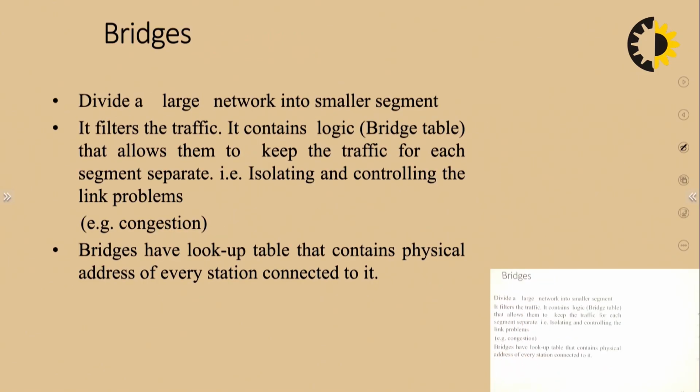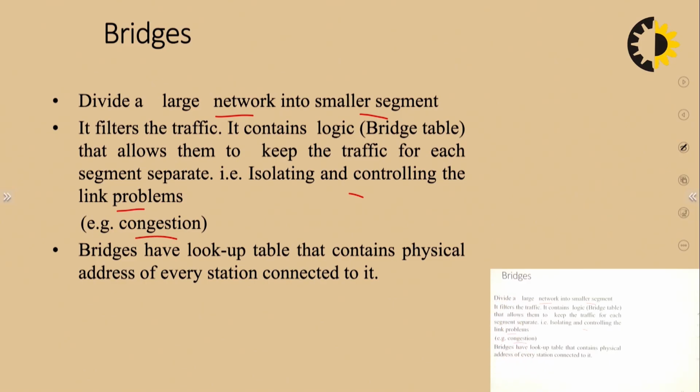Next one is the bridge. If we want to connect at the data link layer and physical layer on both sides, then instead of a repeater, the bridge should be used here. It divides a large network into smaller segments. First, it filters the traffic. It contains a bridge table with logic that allows it to keep the traffic for each segment separate, that is isolating and controlling the link flow, which is used to remove congestion.